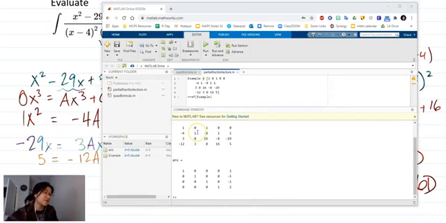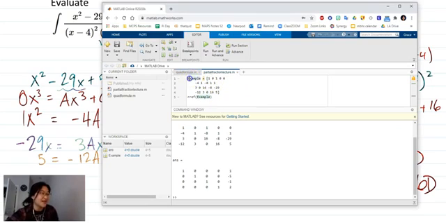Alright, so in lieu of solving that gigantic system of equations, we are going to use a way of solving systems of equations that's nice, and we can use MATLAB to do it.